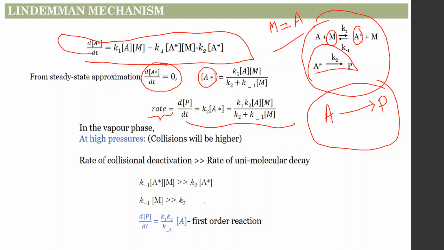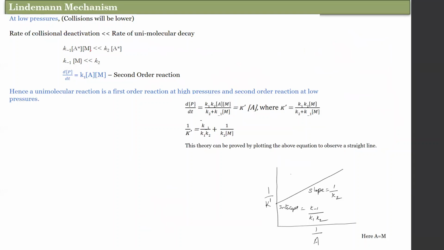Substitute this into the equation and you will get a first order reaction. Further, at low pressures, the rate of collisional deactivation, k minus 1, is less than k2, and you will get a second order reaction. You must remember that at high pressure, the unimolecular reaction is first order, and at low pressures, it is second order.